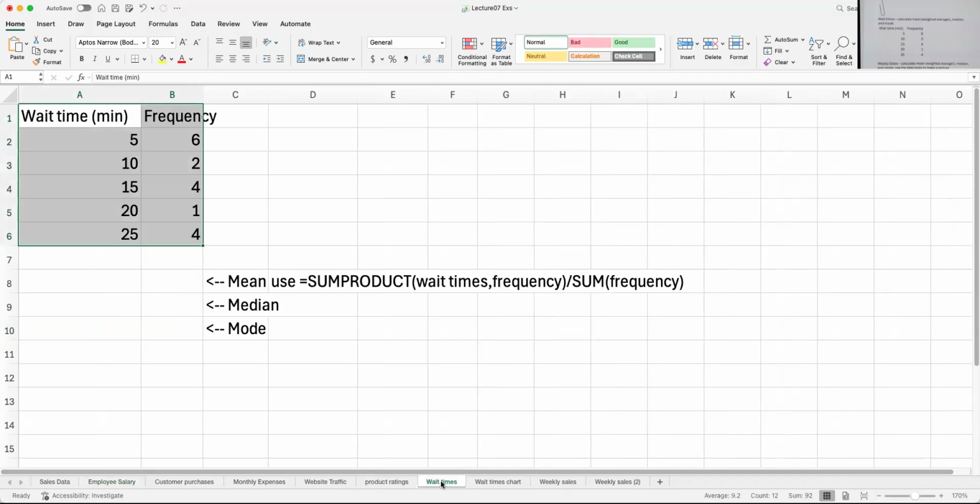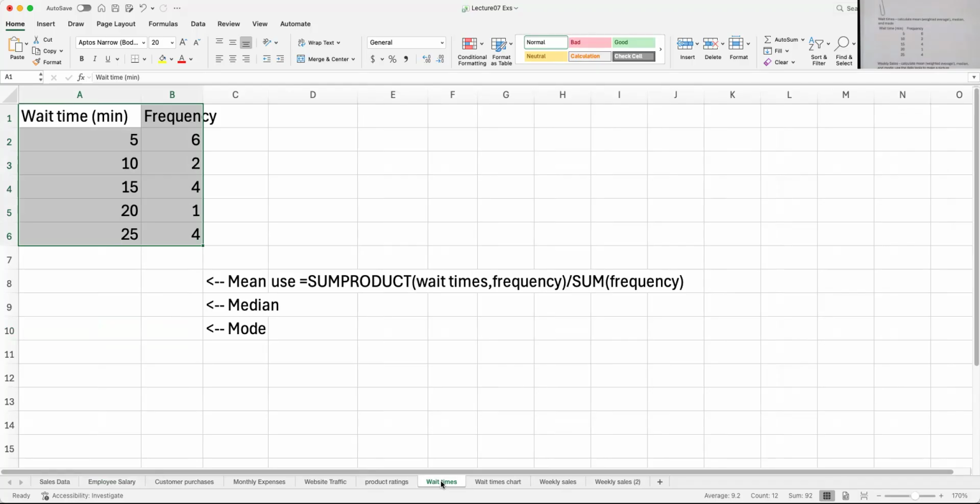Product ratings, wait times. Here we are. The command is SUMPRODUCT. You have to give it two columns, the things you want to multiply together: the data range for the wait times, comma, the frequencies. If I use that command, it will multiply all of those together.